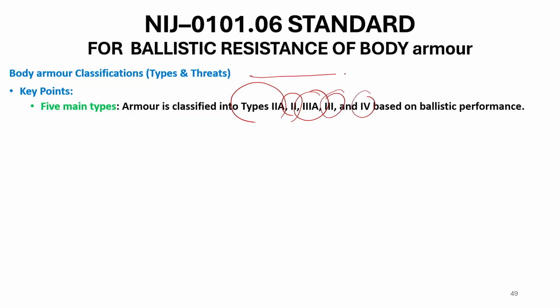The threat level increases in this way, based on the ballistic performance. If some body armor is labeled as 4, it means it is the maximum protection level, and 2A means minimum protection. For a low level of threat we can use 2A.